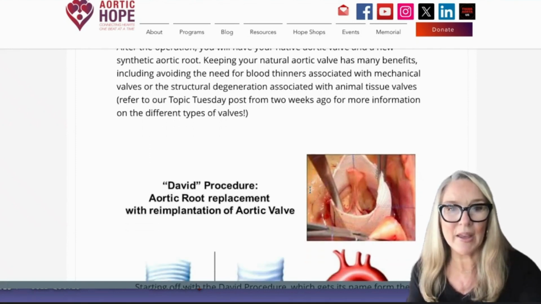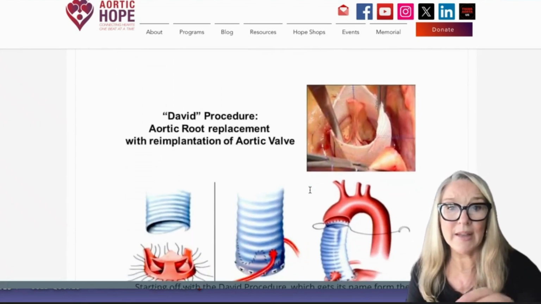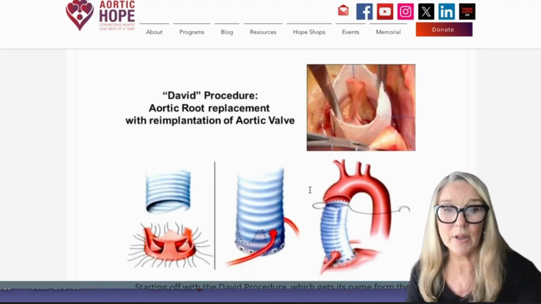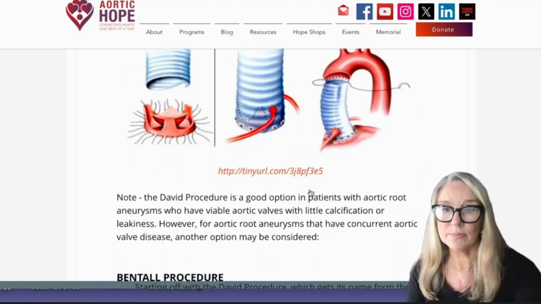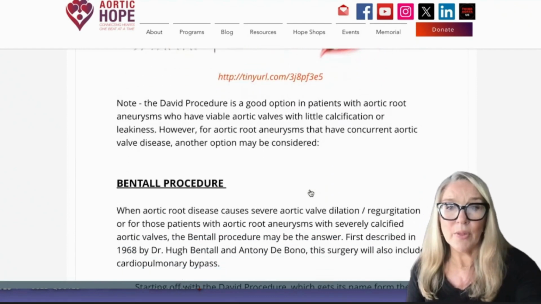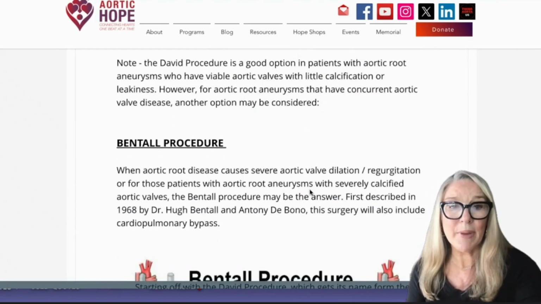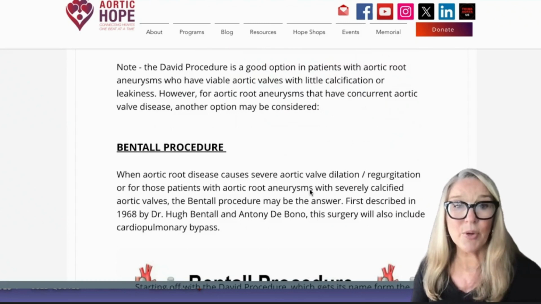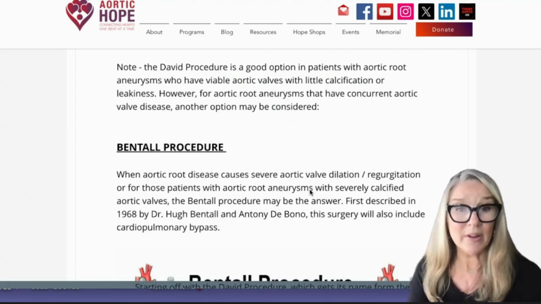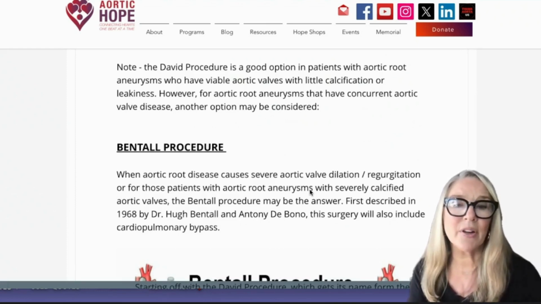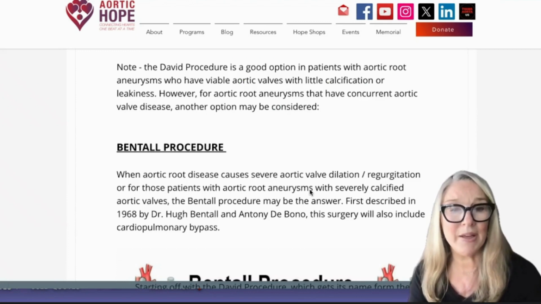Here we have a picture of the David procedure, aortic root replacement with reimplantation of the aortic valve. Please note, the David procedure is a good option in patients with aortic root aneurysms who have viable aortic valves with little calcification or leakiness. However, for aortic root aneurysms that have concurrent aortic valve disease, another option may be considered.